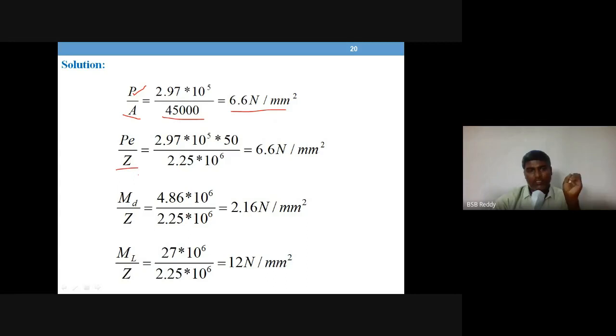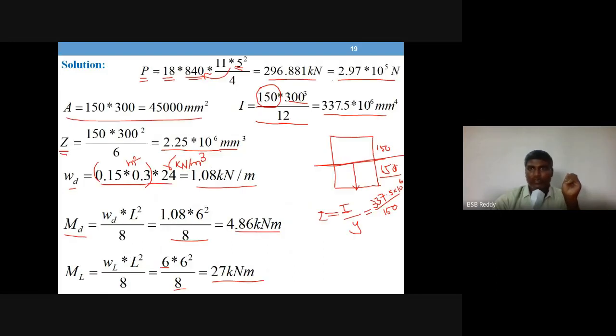And bending stress due to pre-stressing force is PE by Z. Substitute all the values which we have worked out. Total P is 2.97 into 10 power 5. E is 50 mm; in the last slide you worked out 50 mm from the CG of the tendons because they are at different locations.